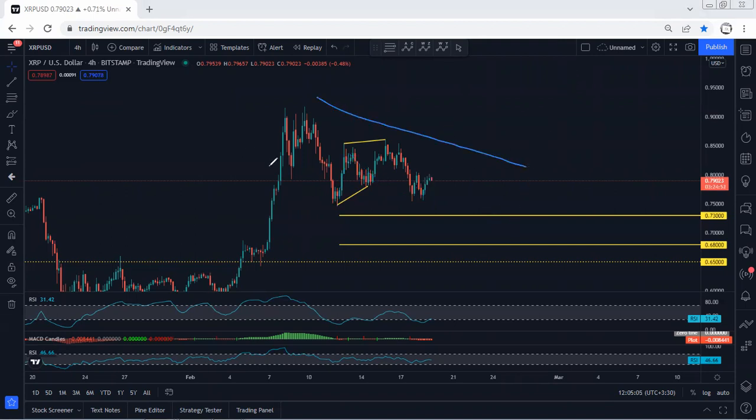That means this one can tend to be a more complex correction, or we can expect this one to be a flat relative to this for the next drop before we see the next move. If we want to look for a buy as a long term, I want to see the breakout of this correction. The best thing is if the price tags the previous low somewhere around 470, 473 cents.